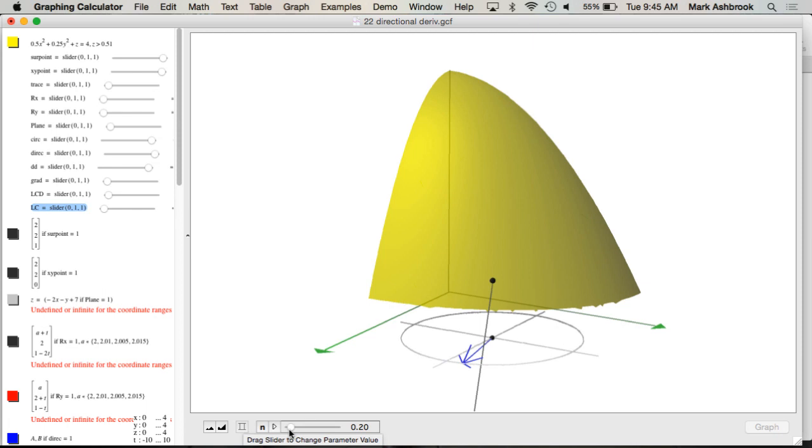And as I increase theta up until pi over 2, what happens to that rate of change? It becomes more like partial with respect to y until I get to pi over 2, and then it is the partial with respect to y. So that kind of gives us a clue of what's going on. The rate of change is a weighted combination of the two partials.